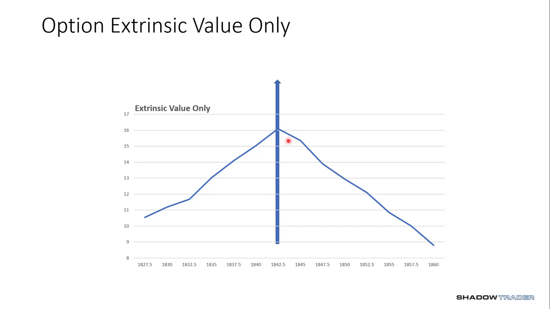Therefore, I'm going to charge, or have to pay up, or can sell at the greatest extrinsic value of any of the other option strikes because the underlying has a higher potential for moving away from this at the money situation. So the peak on extrinsic value is at the money.